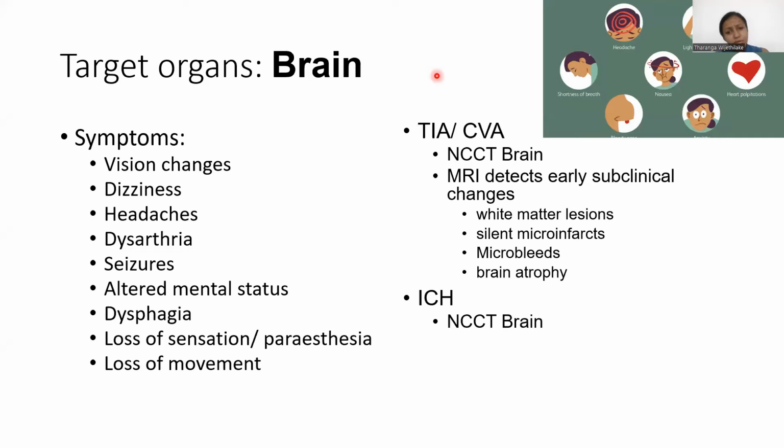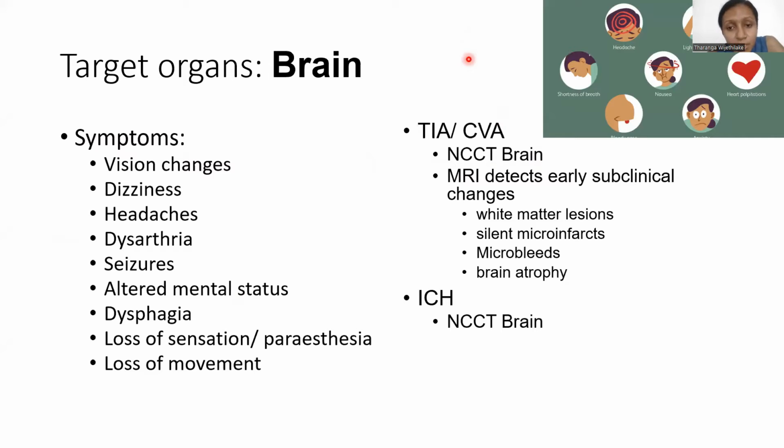So we should image these people who come in with these symptoms, also meeting criteria for hypertensive emergency. We must image them before starting treatment, because how we treat each condition is different.